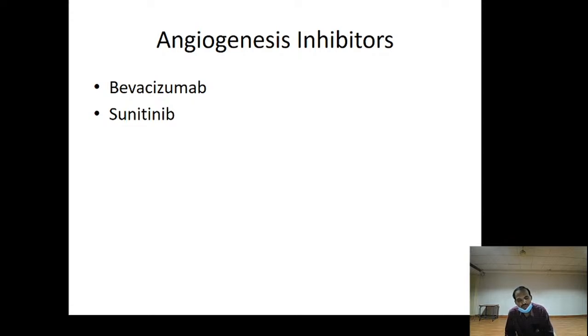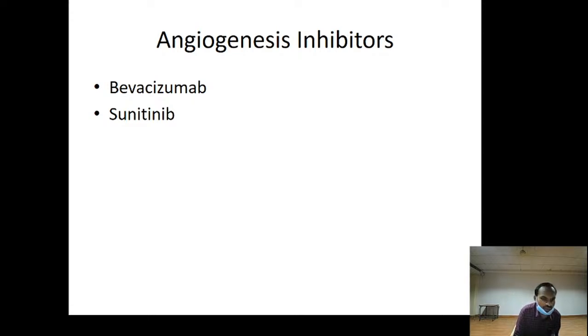The simple way to see it: there is a receptor, the vascular endothelium growth factor wants to come and bind to that receptor, and sunitinib doesn't allow it. Somehow if the growth factor still binds to the receptor, sunitinib will not allow the signal transduction, so the receptor will not become activated. So the angiogenic proteins that have to be formed in response to the growth factor will not be formed in the presence of sunitinib.